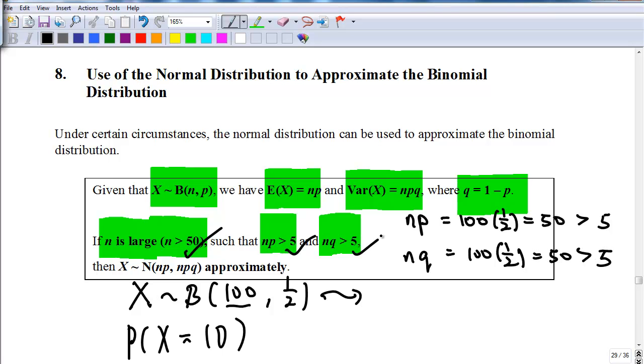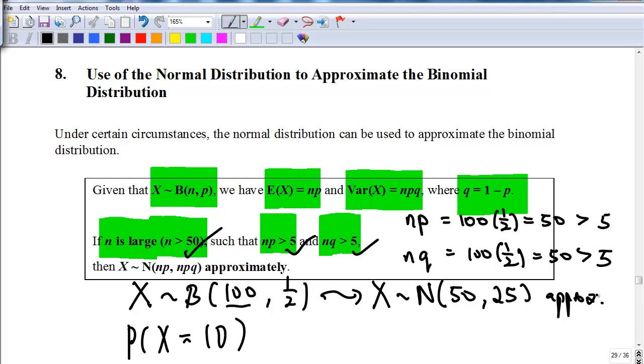So the next two conditions are also satisfied. So that means I can say that x is approximately a normal distribution, with mean 50 and variance 50 times half, which is 25.